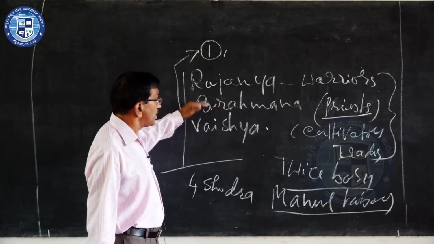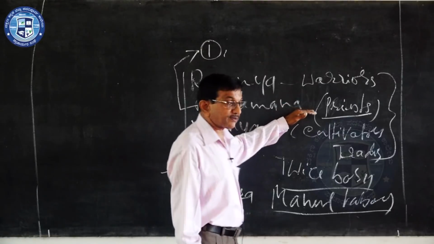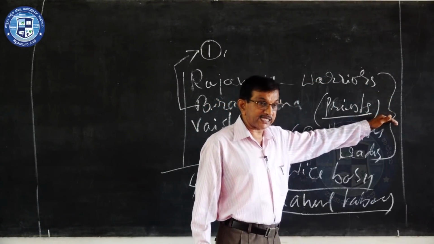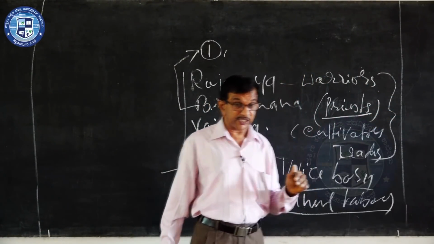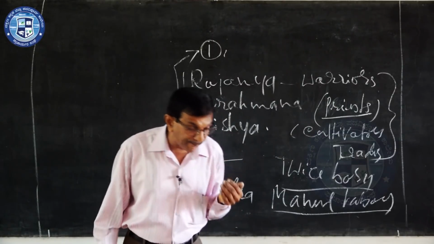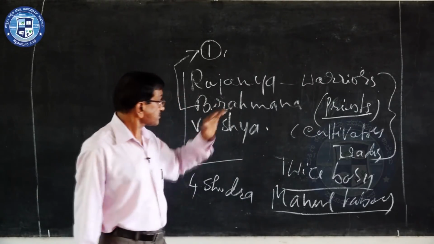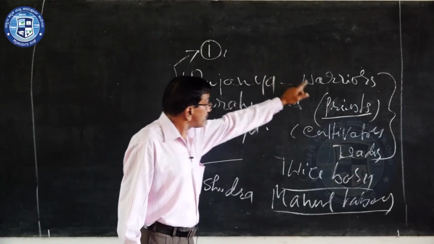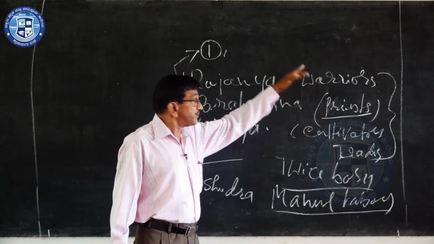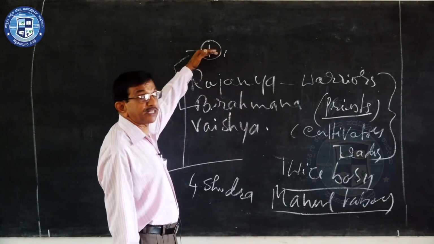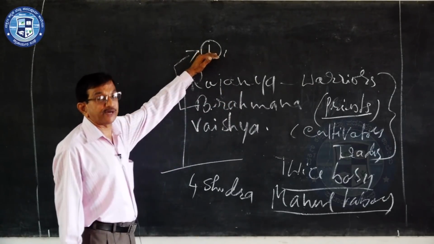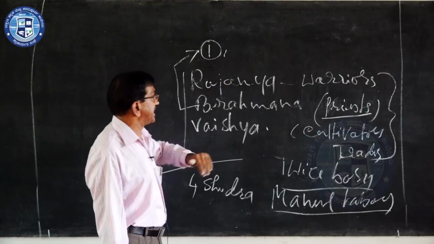So, the Brahmana's priestly work, performing religious rites and religious ceremonies, was considered more important by the people than that of the warriors. Therefore, the Brahmana Varna was placed first, and then Rajanya.